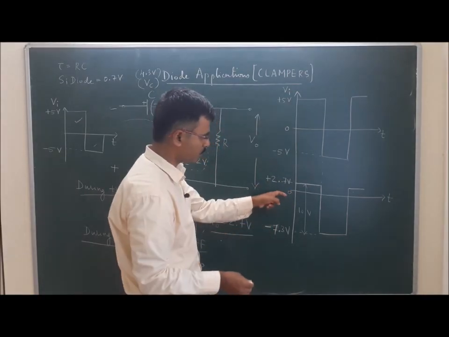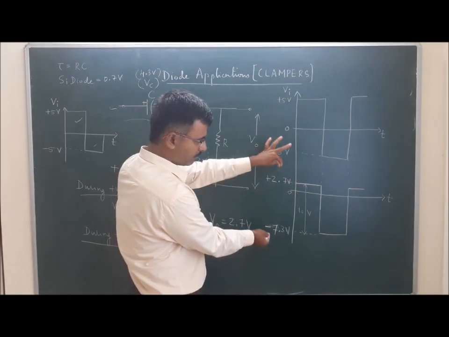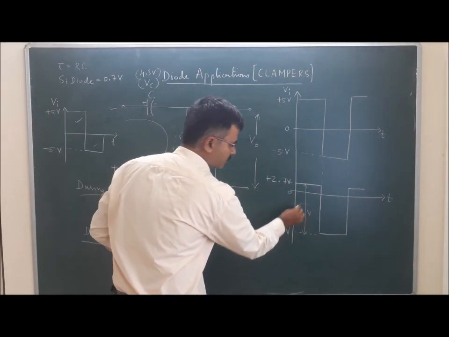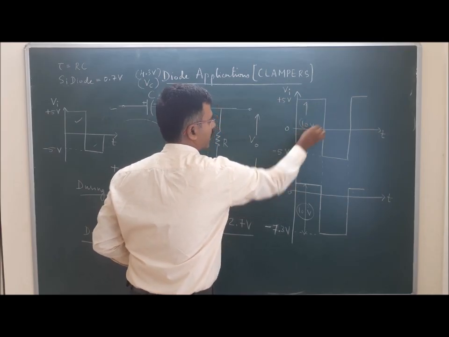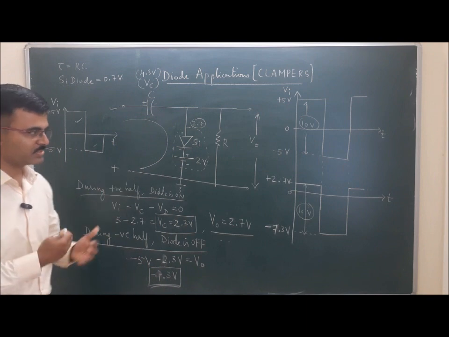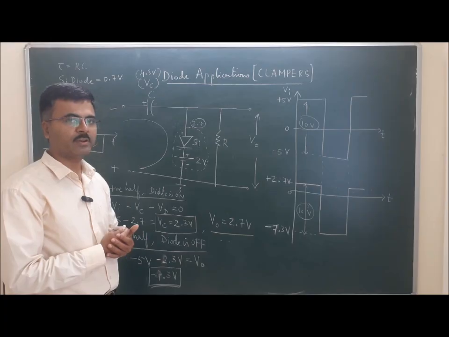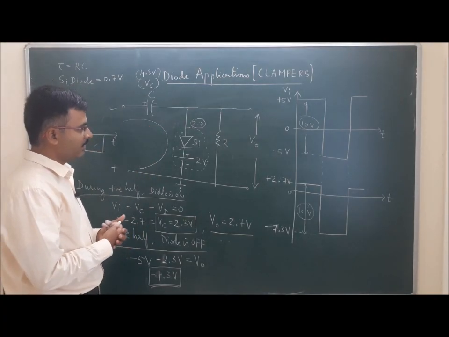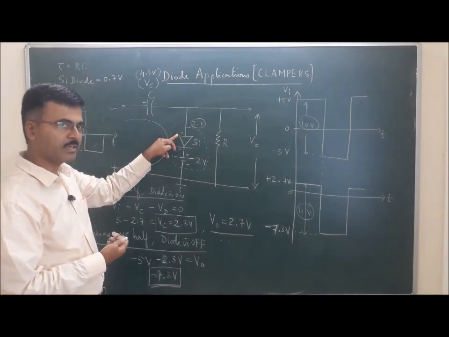So again, just to verify about the magnitude, what has happened? In this case it is 0 to 2.7 volts and 0 to minus 7.3 volts. Again, if I add them up with respect to the magnitude, it is still the same 10 volts. Okay, so my input is also 10 volts and my output is also 10 volts. So the analysis is very simple. Now there are again 4 different combinations possible even in the case of clampers. The second combination will be just reverse the polarity of the diode.